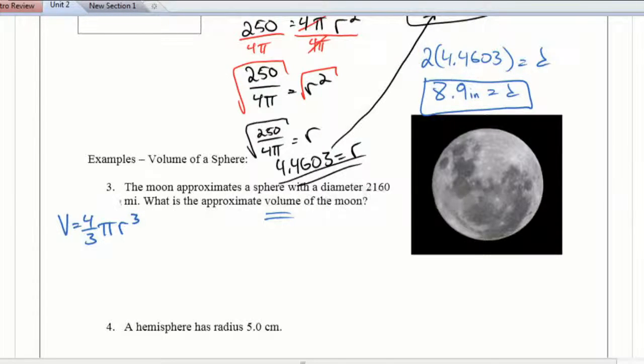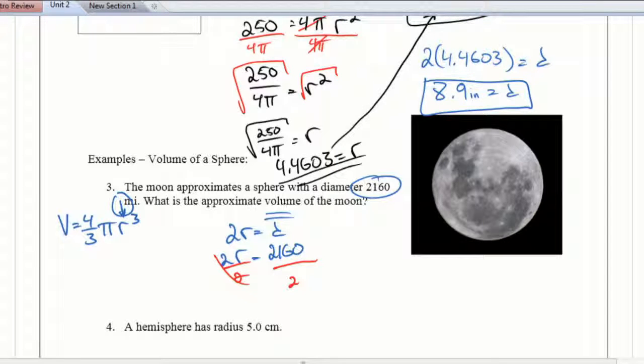Now, the only thing I don't know for my volume here is the radius. But the question tells me the diameter, and I know from up above, 2 times the radius equals the diameter. So the diameter is 2,160. I get 2 times radius equals that. Just gonna do a little bit of extra work here, just to remind us where this is coming from. You guys already knew it.